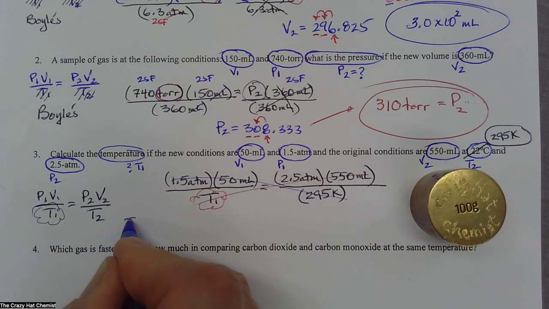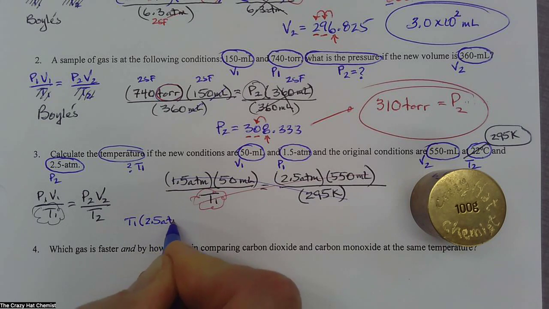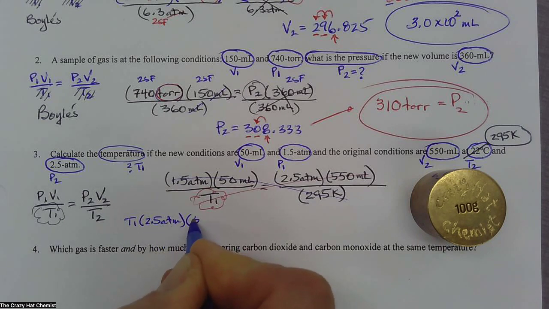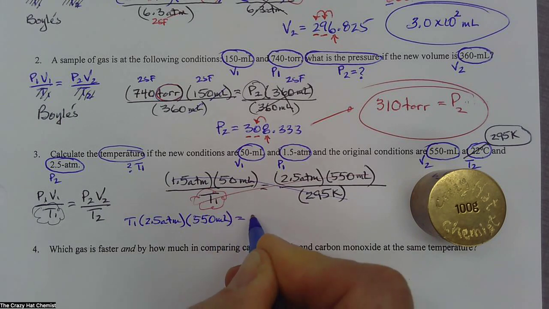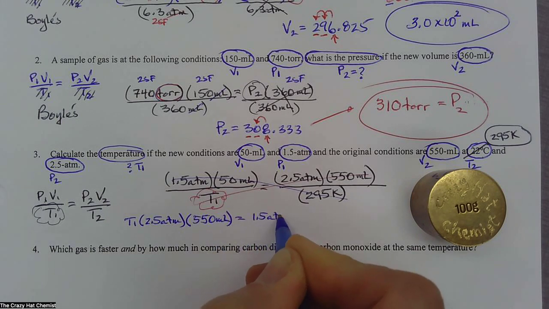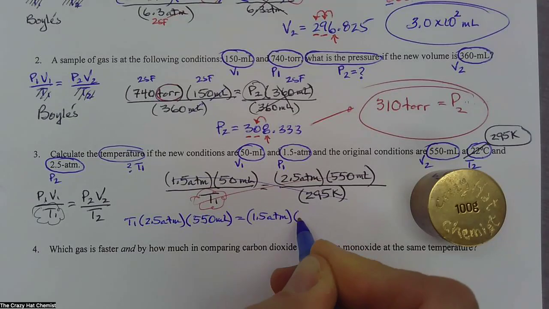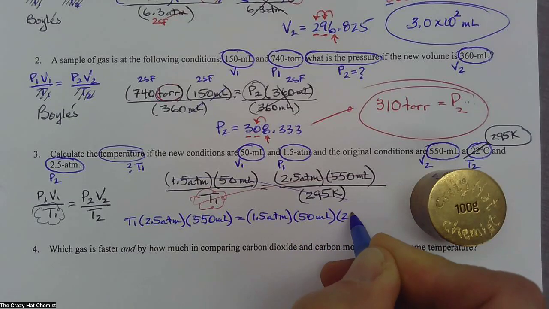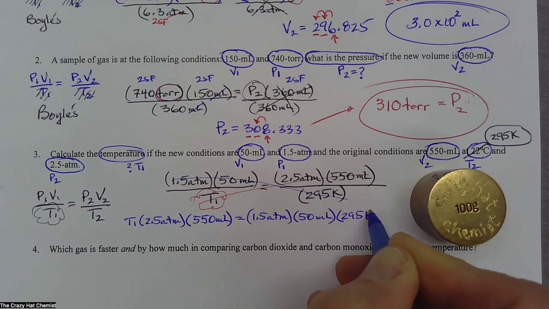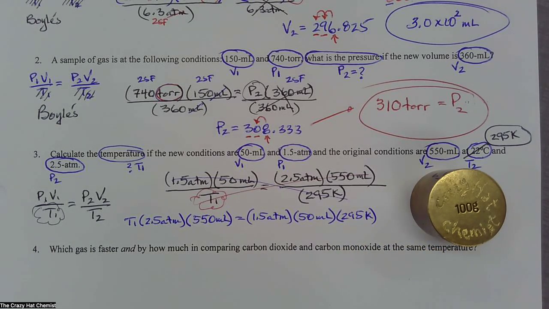So I have T1 times 2.5 ATM times 550 milliliters is equal to 1.5 atmospheres times 50 mils times 295 Kelvin. And again, our ultimate goal here is to solve for this T1.